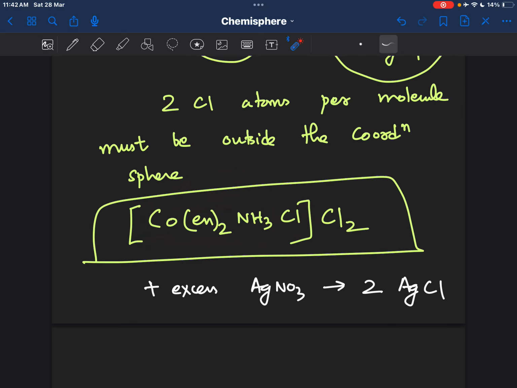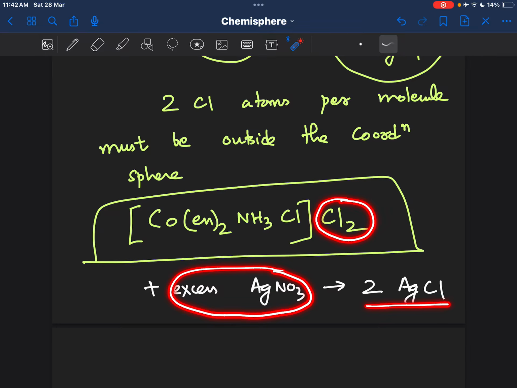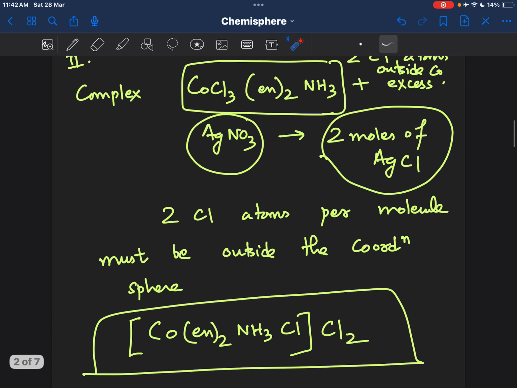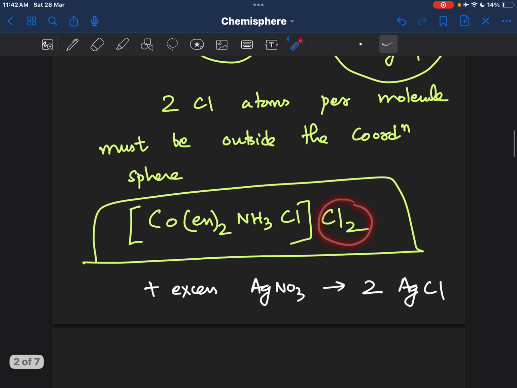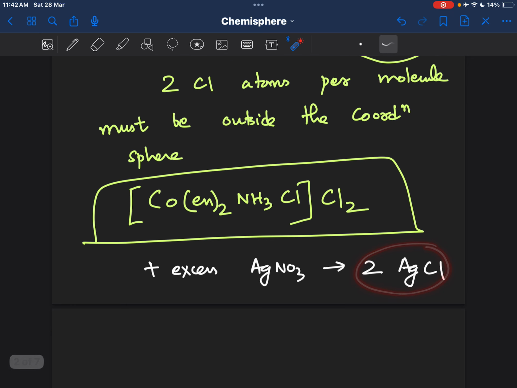The chlorine present outside the coordination entity can react with the excess AgNO3. We get 2 moles because 2 Cl are outside. Total Cl is 3, so 2 must be outside. That's why we get 2 moles of AgCl.